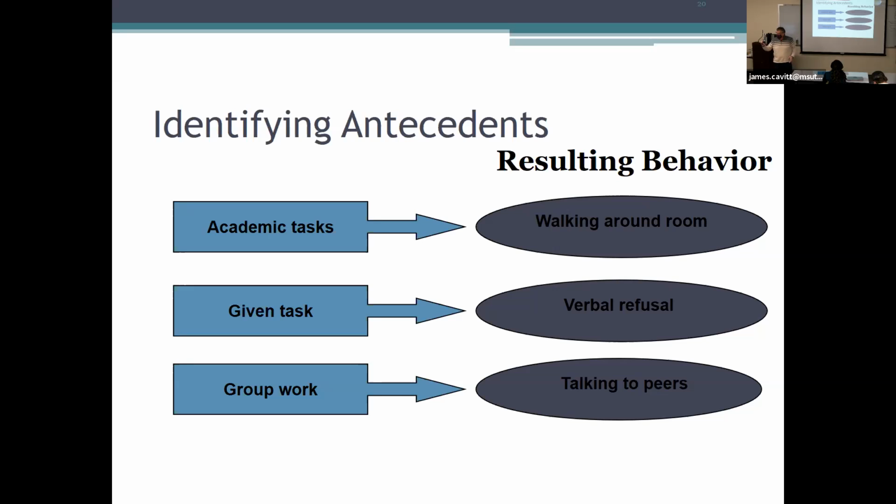So when we look at that, what would be the antecedent before the behavior of hurling the backpack across the room? The writing prompt. Okay? But did the writing prompt really cause him to do that?